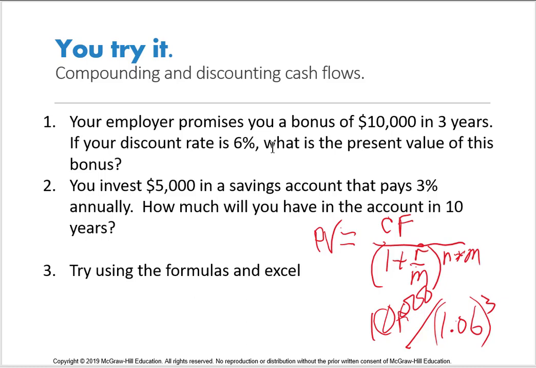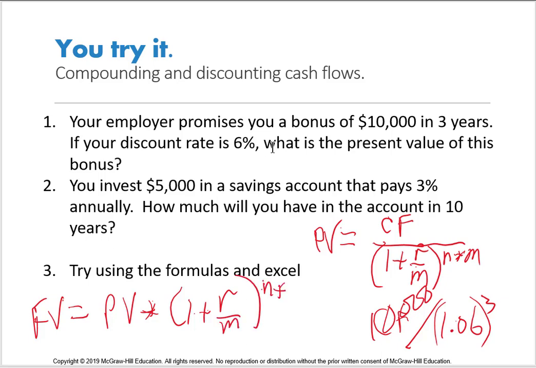The other problem is a future value question. How much will you have in an account in 10 years if you invest $5,000 today and it pays 3% annually? Again, you can calculate the formula. The formula is future value equals present value times 1 plus R divided by M, to the N times M. Again, M equals 1.